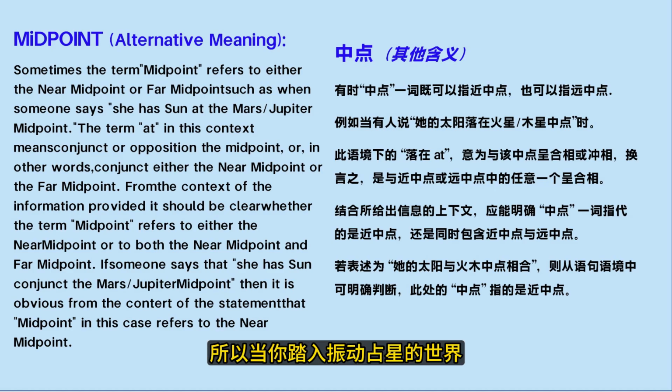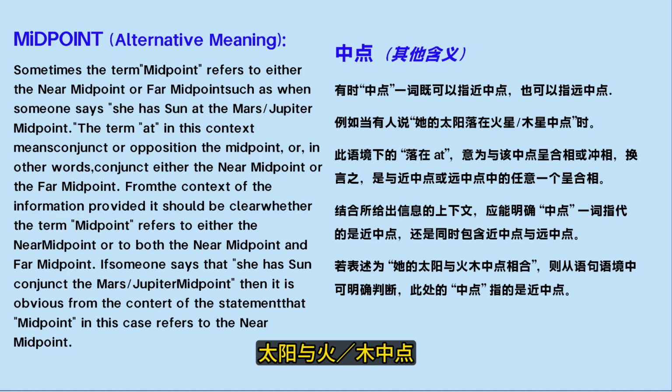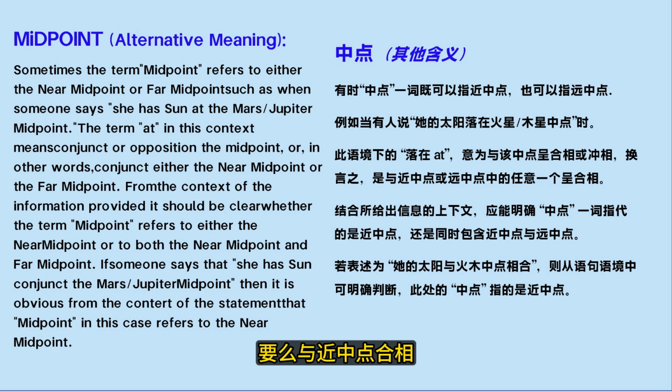So when you step into the world of VA and we say sun is at the Mars-Jupiter midpoint, it means the sun is conjunct or opposition the Mars-Jupiter midpoint. Another way of saying this is that the sun is conjunct either the near midpoint or the far midpoint. Okay.